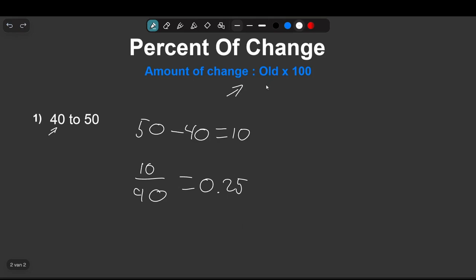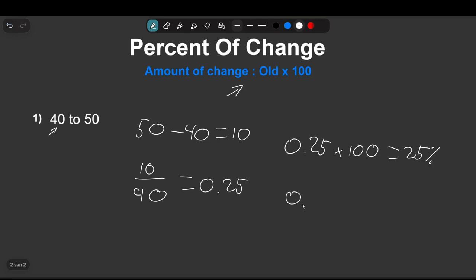And now we have to do just one more step, and this will be we have to multiply this by 100 to turn it back into a percent. So we're going to do 0.25 times 100. And of course, you can just do this by multiplying it by 100, which will give us 25%.